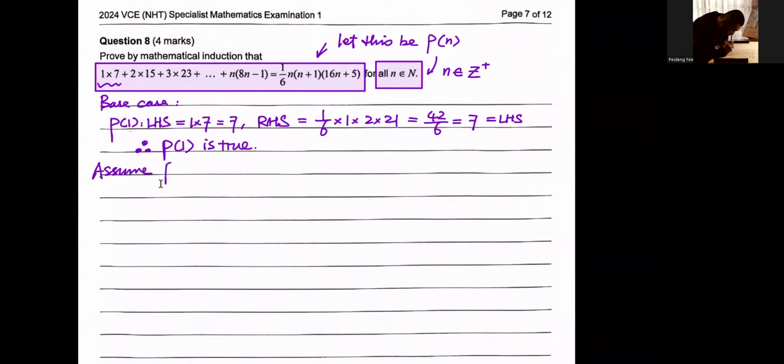Assume Pk is true for any k belongs to Z plus. That is also capital N, okay?